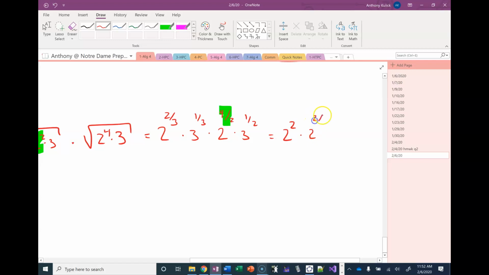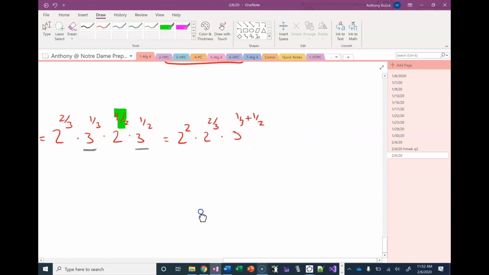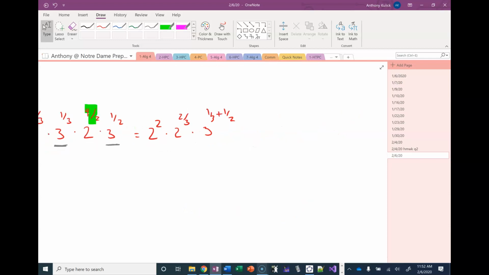Now the 2 to the 2/3 I can't do anything with. But I can combine the 3 to 1/3 and 3 to the 1/2. Everybody good there? And just like we saw before, to add these two exponents together, we have to make a common denominator, which means I'm going to multiply by 2/2 and 3/3.